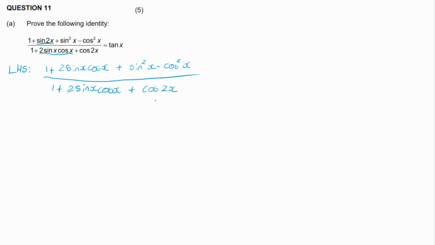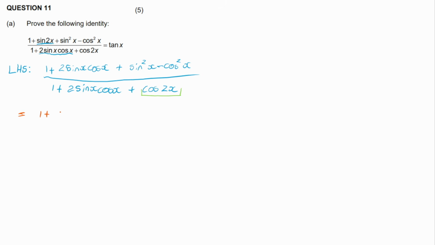Okay. So we see that the top is in a weird format. If this was sine squared x plus cos squared x, we know that's just 1. But we don't have that, so it's a bit problematic. But if we look here at the bottom, we have an identity for this. It's on our formula sheet. So let's convert this so it looks like the thing at the top. Again, we're taking it step by step, one little convert at a time.